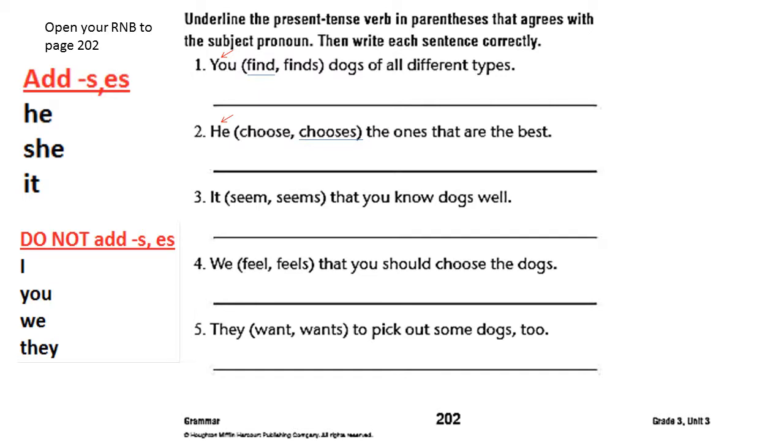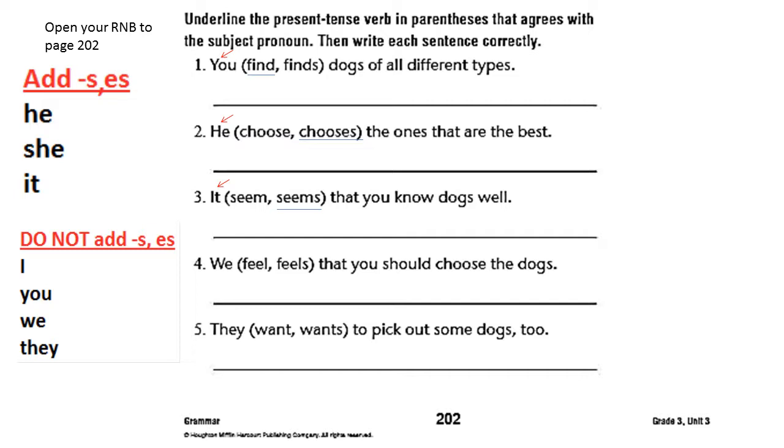Number 3. It seems that you know dogs well. Again, let's follow the rules. We know we're going to add s or es if we have it as the subject pronoun. So it is your subject pronoun. It seems that you know dogs well.